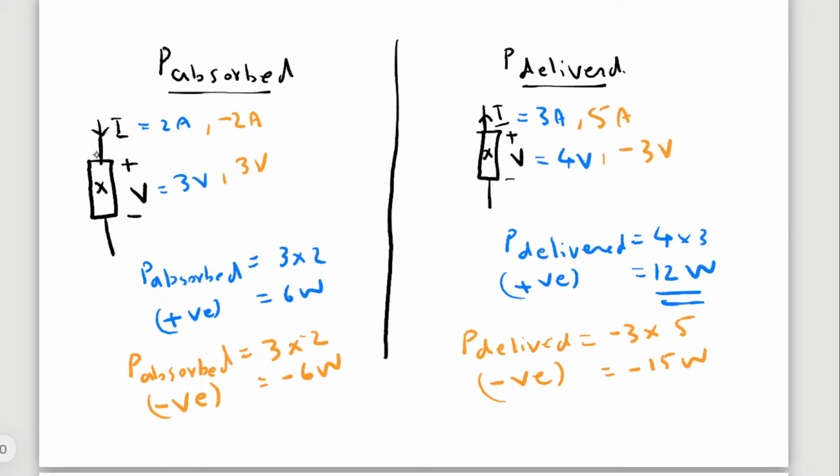But the important thing is that power absorbed and power delivered are defined based on the sign or the polarity of voltage and the current entering or leaving that circuit element. That's how power absorbed or power delivered is defined. I think it's crystal clear.